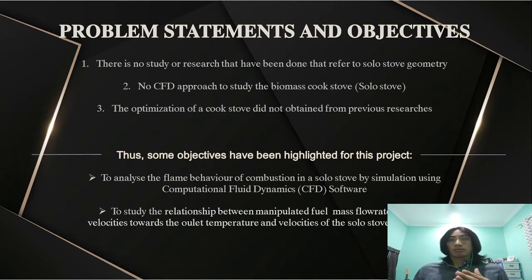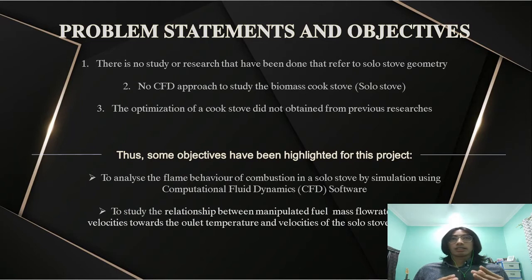from their previous research. Some objectives have been highlighted for this project. There are two main objectives. First, to analyze the flame behavior of combustion in a solar stove by simulation using computational fluid dynamics software.